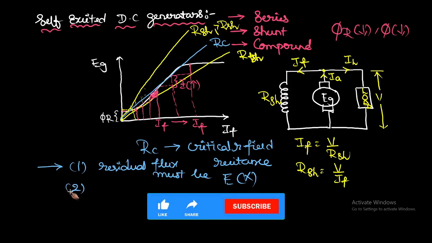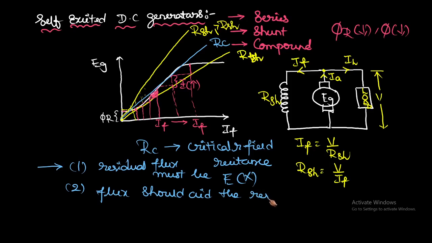Second, the flux produced should aid the residual flux, so they both should be aided. Third, the field resistance should be less than the critical field resistance, then only the EMF will be produced. With this basics we can move to the types of generators.